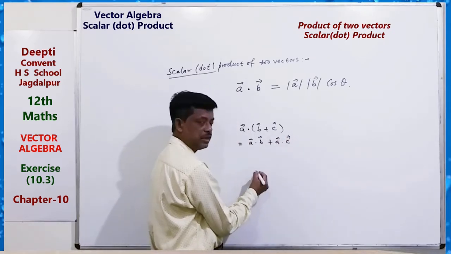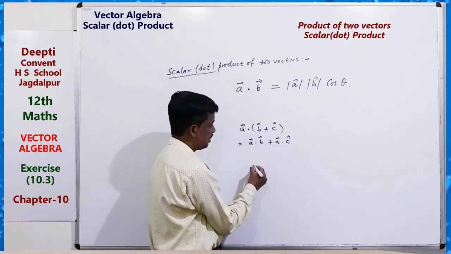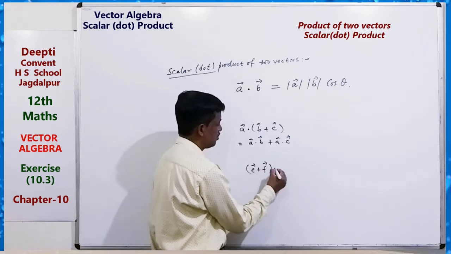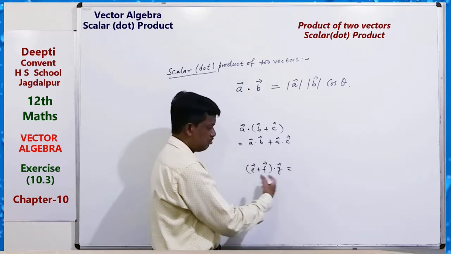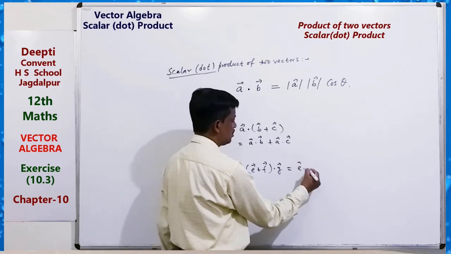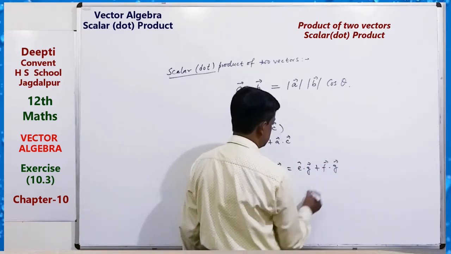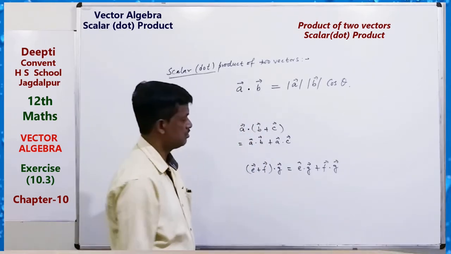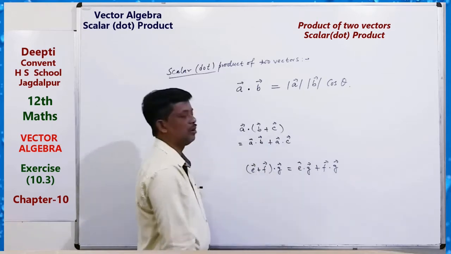Also we can write vector e plus vector f dot vector z, distributive from the right side, just like this: e dot z plus f dot z. Here e dot z and z dot e are equal, so you can change it as the commutative law holds.